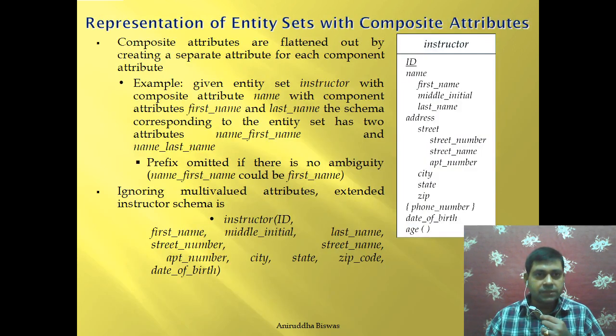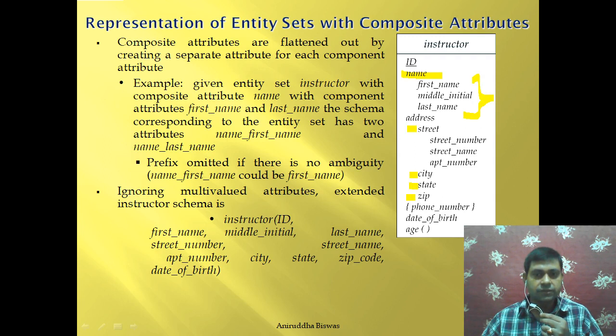Now, representation of entity sets with composite attributes. We discussed composite attributes, which are nothing but attributes that can be reduced to meaningful subparts. So here name is the composite attribute which has these three different subparts. Similarly, address is also a composite attribute which has street, city, state and zip.